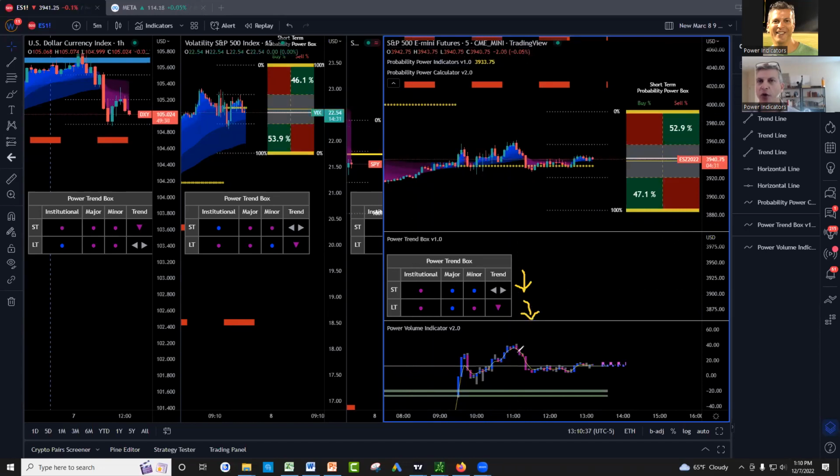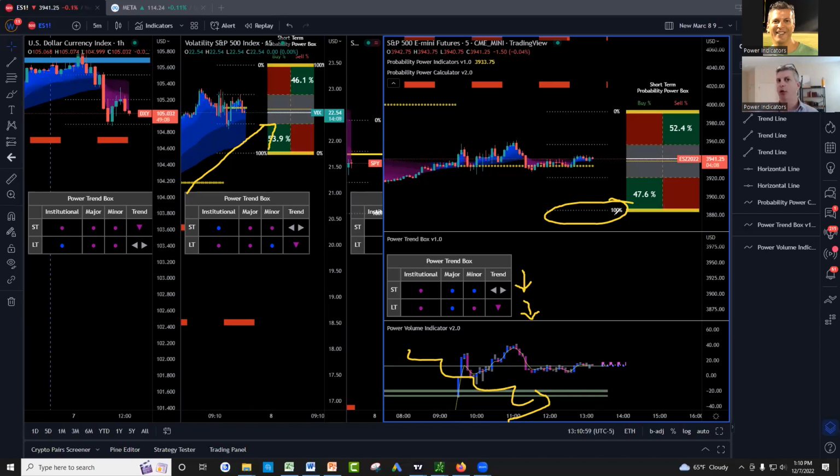You have the volume indicator dropping here, net sellers here, you have the VIX going up from 20 to 23. There is no go. As a matter of fact, it might break the edge of the box. And breaking the edge of the box is a very, very unusual event, but it will happen.